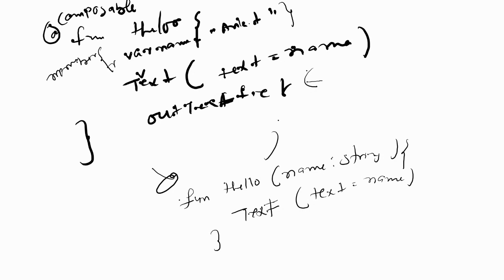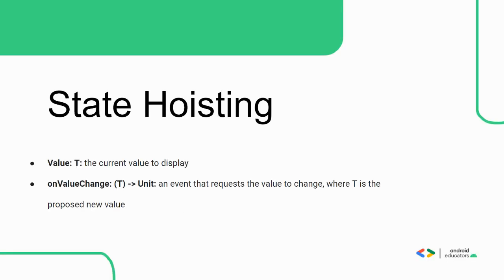Now, whatever value you have provided, first of all make it a parameter of the function, and then you also have to give the event as well. I'll explain what the event is. Let's say, in the UI of one composable, you have a button and you have text in the same composable.